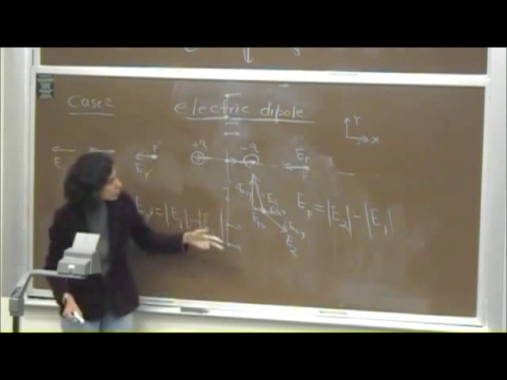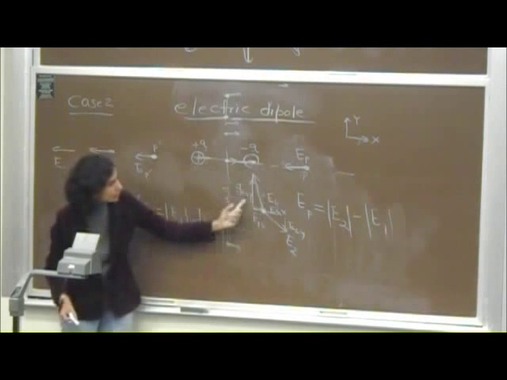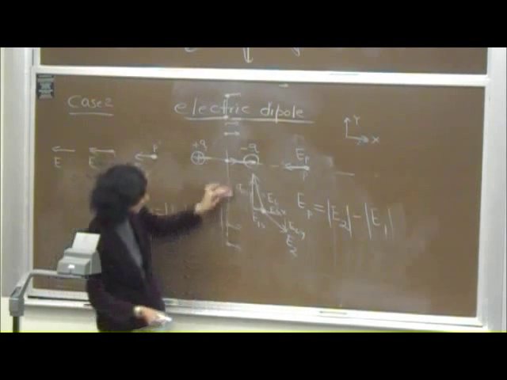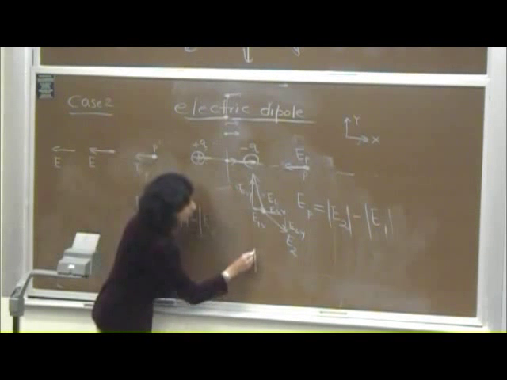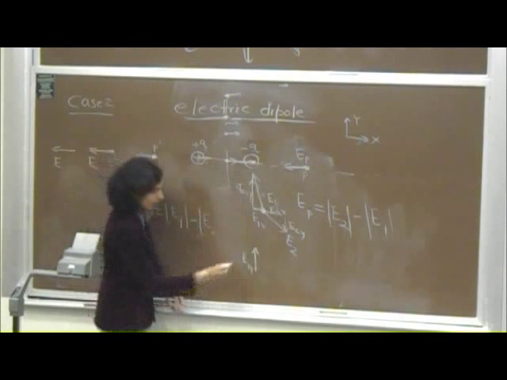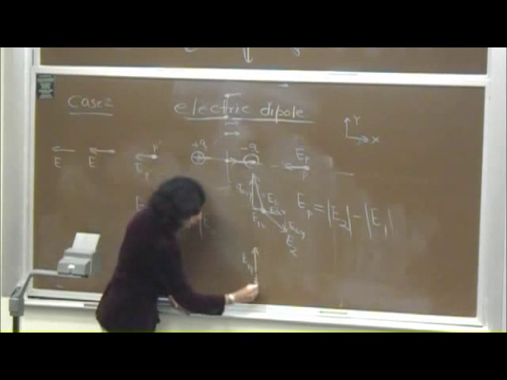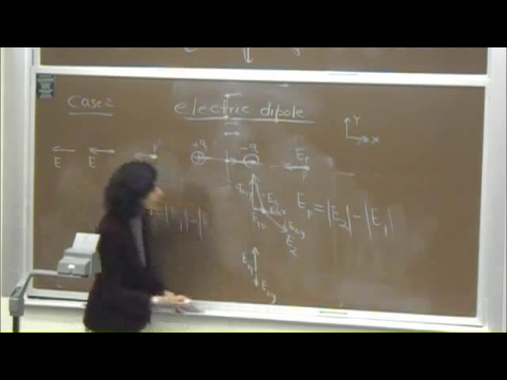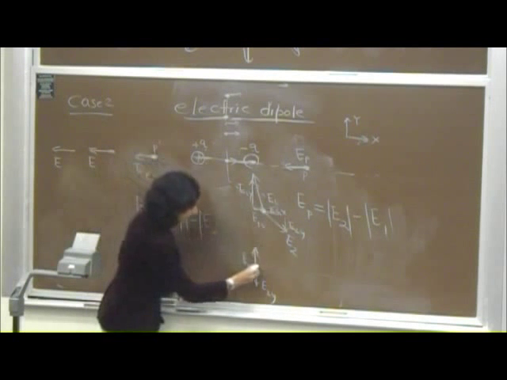So the point is that you can find the direction of the net electric field. So basically the net electric field will have something, E1y, let's say like this, minus E2y, which is like this. And then you have E2x and E1x.